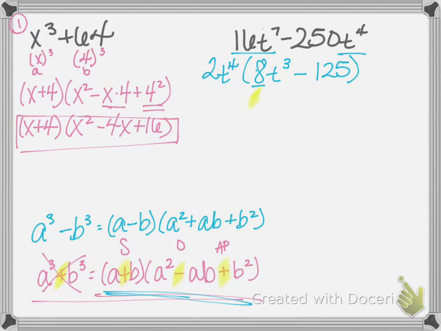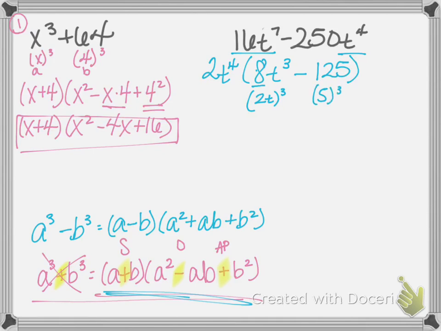So I know that this is actually 2t to the 3rd power, because laws of exponents say this would be 2 cubed, this would be t cubed, which is 8t cubed. So this is exactly what I had. I just worked backwards. So I can erase all that. Now I do the same thing for the 125. I'm going to try 5. 5 times 5 times 5. Yep, that was it. 5 cubed.